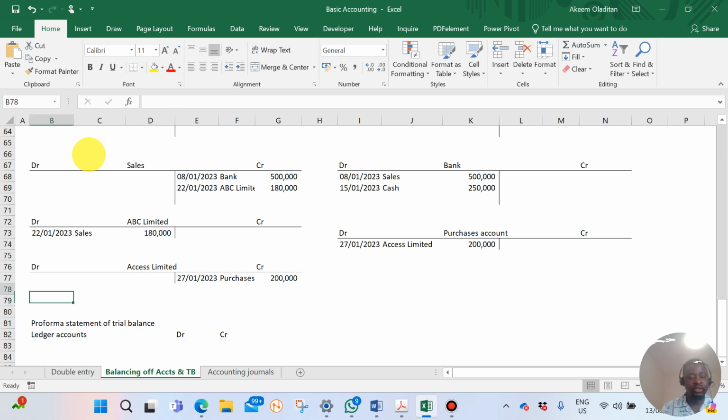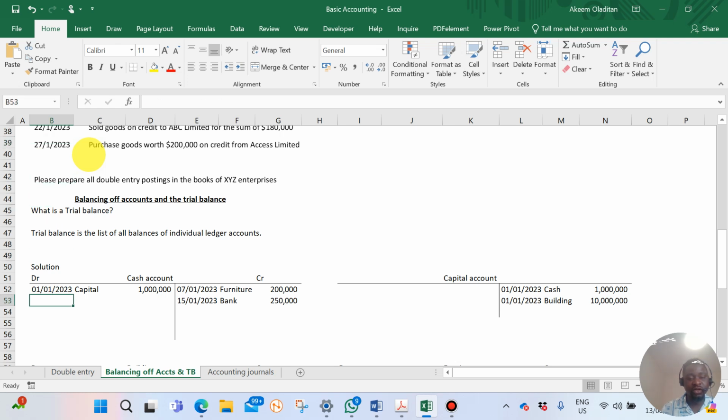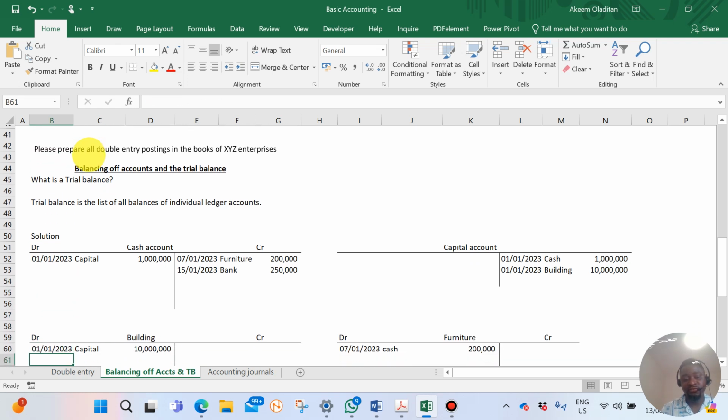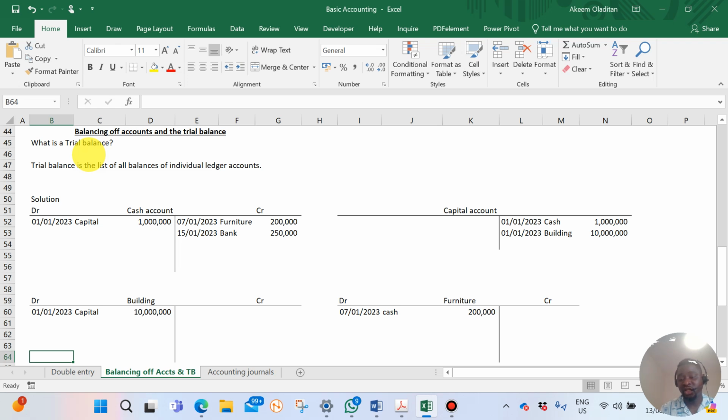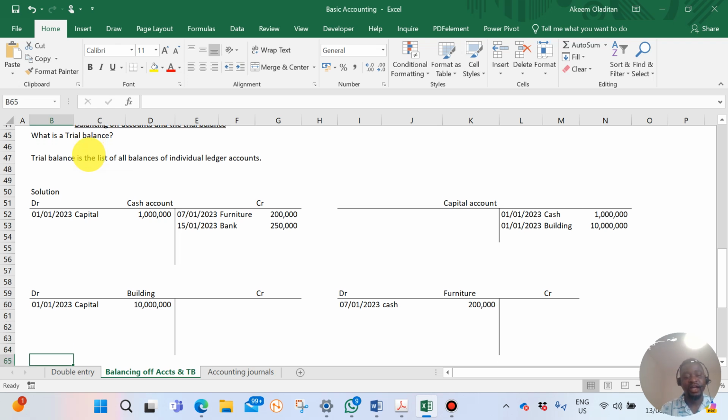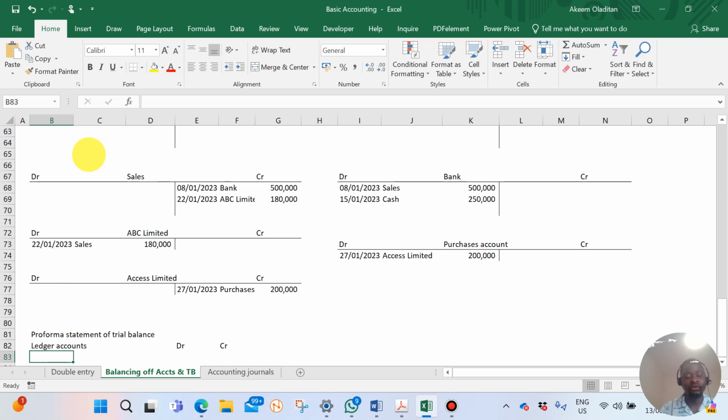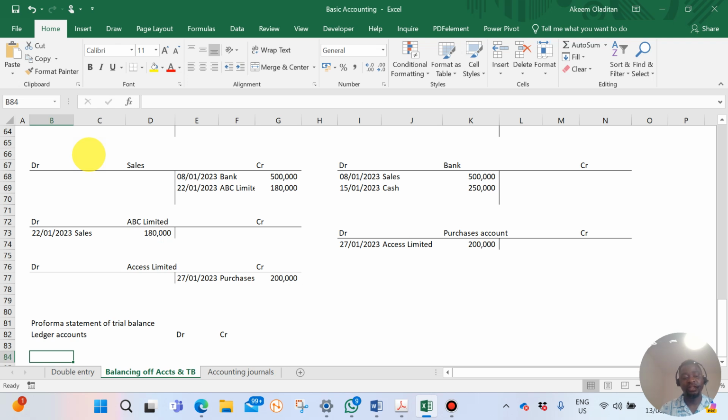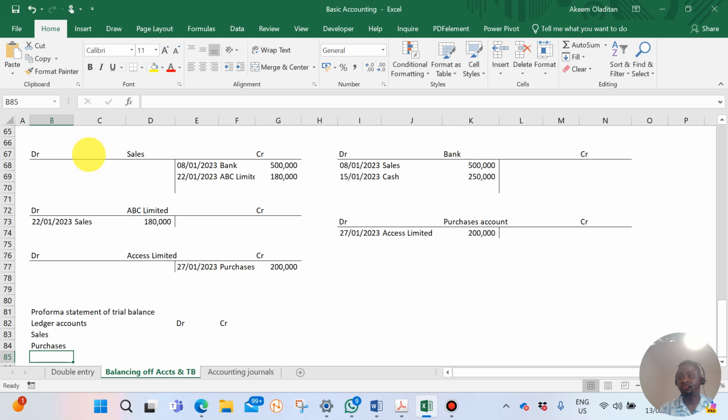So in this question that we already have, the respective ledger accounts might not be the same ledger accounts, but these accounts identify all aspects of what we call a statement of profit or loss or statement of financial position. A statement of profit or loss is expected to have items like sales, purchases, and maybe other income, depending on what we have.